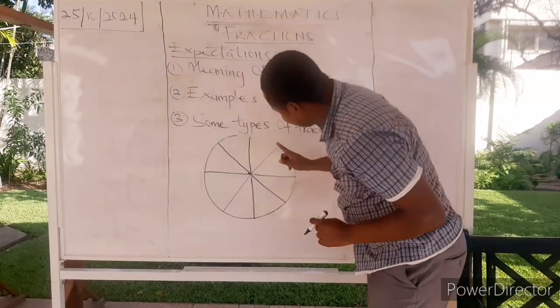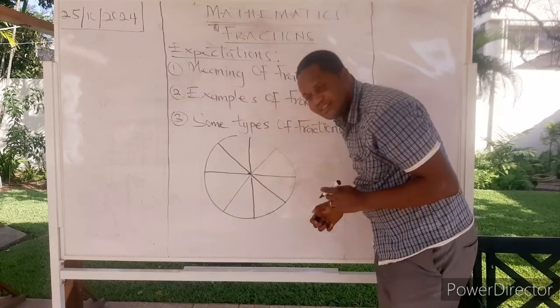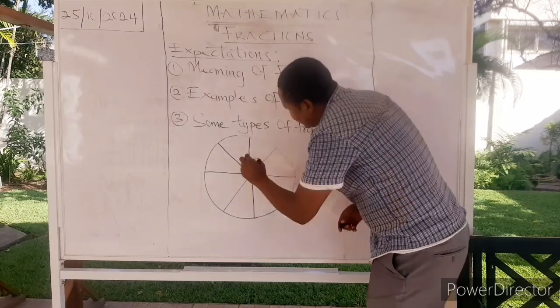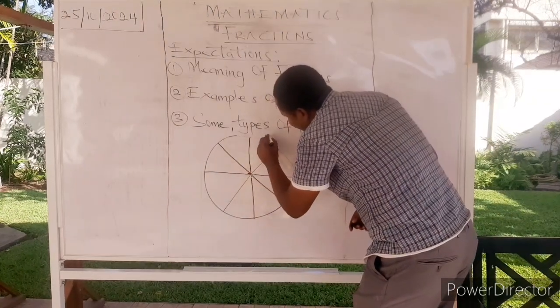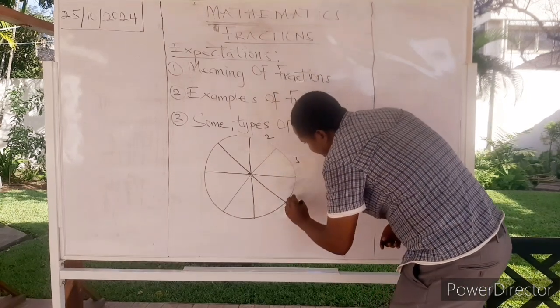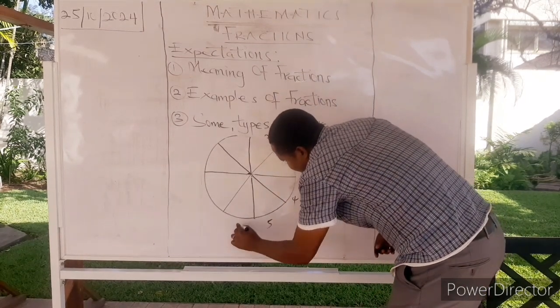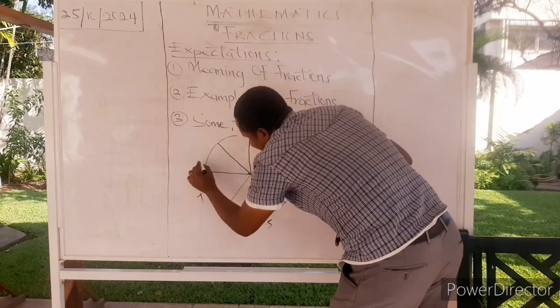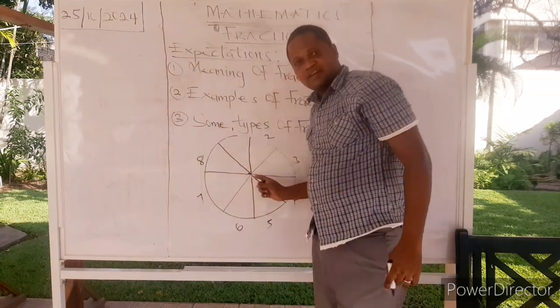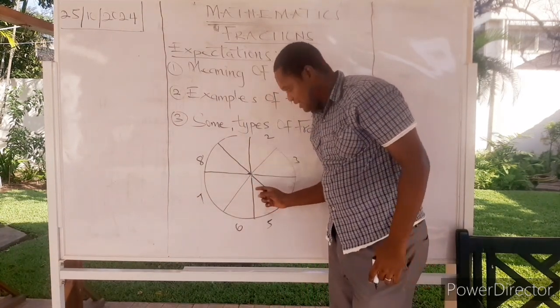Good. So I have right here a circle, and this circle is divided into several parts. So we are going to number it 1, 2, 3, 4, 5, 6, 7, and 8. So this circle is divided into 8 equal parts.